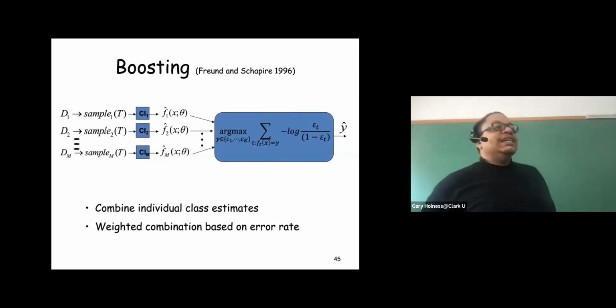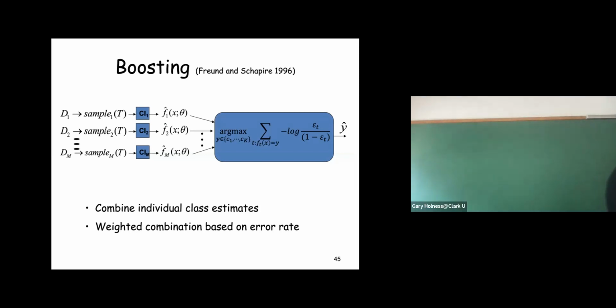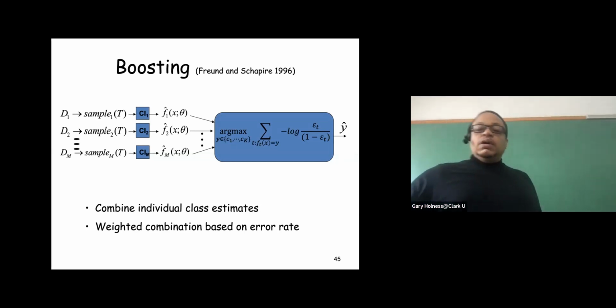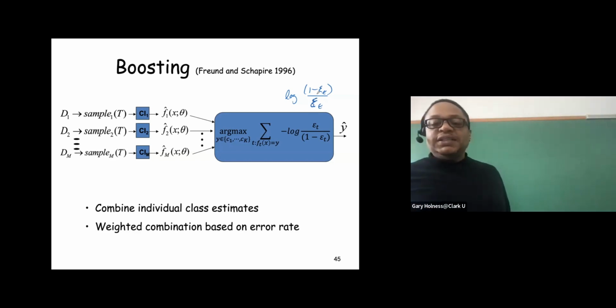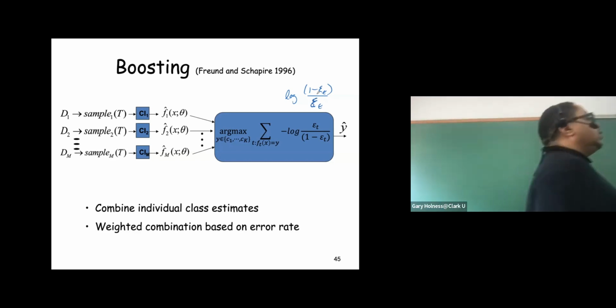And so with boosting, it's not fair voting. Your vote is based on how correct you are. And this vote takes the log odds ratio for the error rate versus how correct it is. And so minus log of error rate is the same as log of one minus error rate over error rate. And so what this does, it says, I'm going to take the log odds ratio between how correct you were divided by how incorrect you were, right?